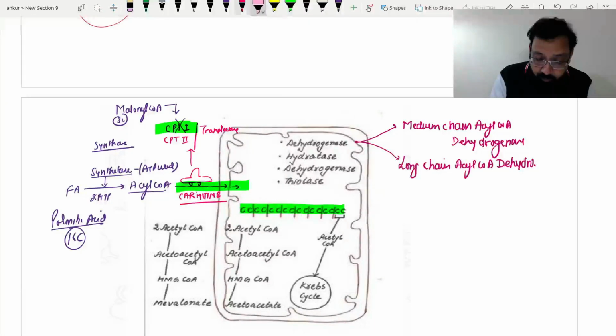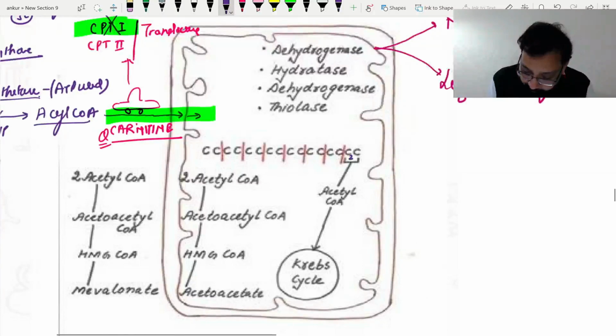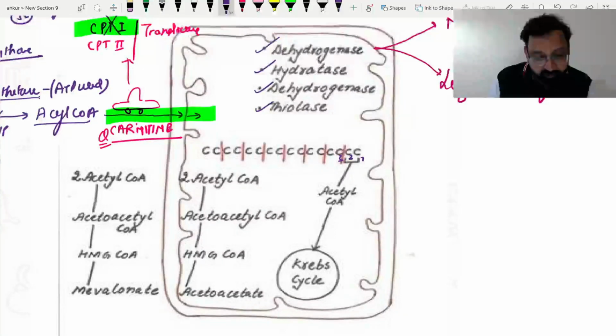Okay, yes. Now fatty acid has entered the mitochondria. A question was recently asked on this carnitine in INICET, yes, NEET. Now this is palmitic acid. Beta oxidation means a cut between C2 and C3. This cut is done by four enzymes: dehydrogenase, hydratase, dehydrogenase, and thiolase.